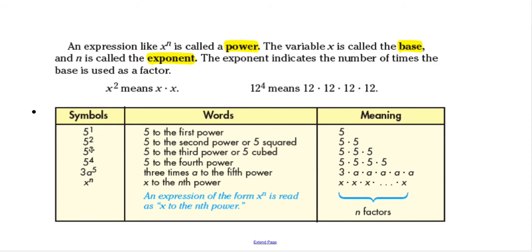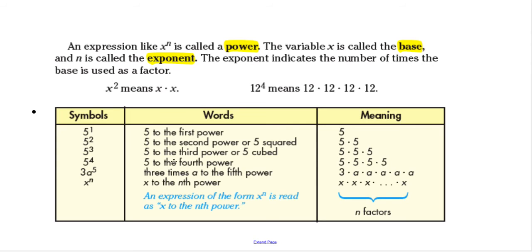5 raised to the third power is called 5 to the third power, 5 cubed. Why is it cubed? Okay, because if you recall, 5 times 5 times 5 will give you the volume of a cube.